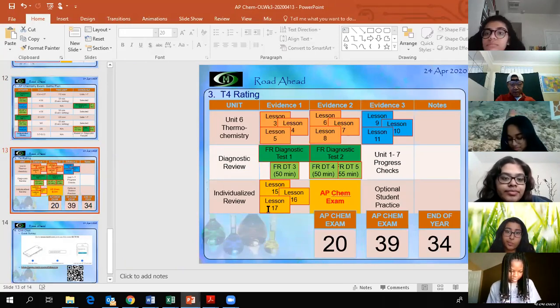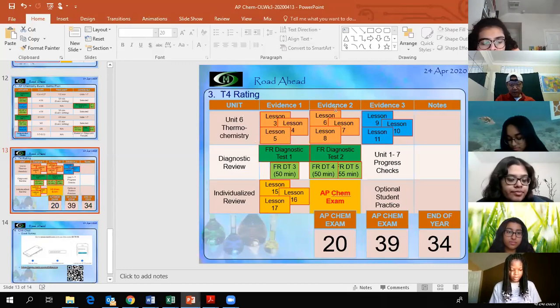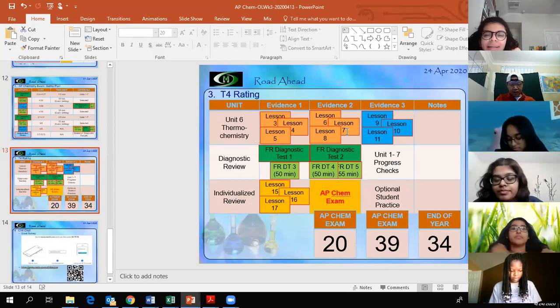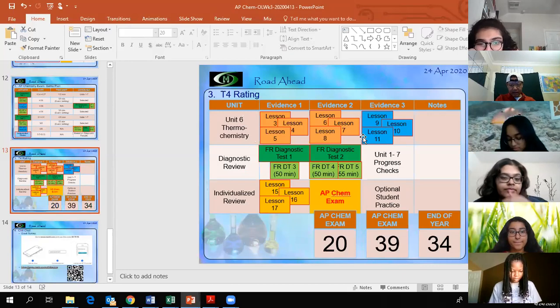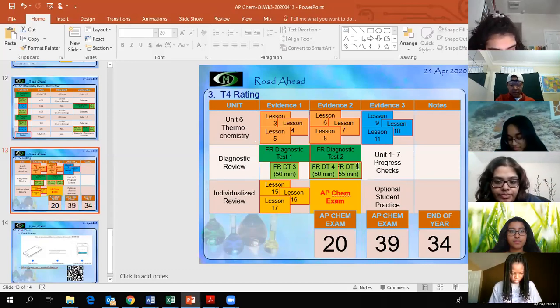Okay. So for T4 rating, really these lessons here, the ones on top, that's for the progress report. These are the lessons on thermochem. Now the progress checks in AP Classroom, that's part of the diagnostic review.